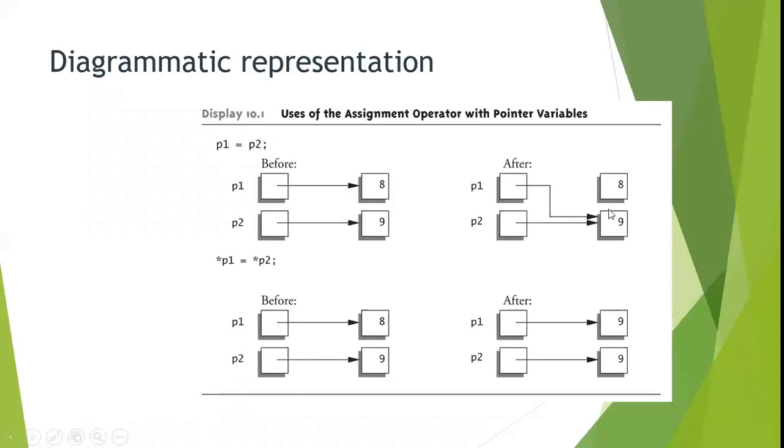P1 will also start pointing to what P2 points to. But if I write asterisk P1 is equal to asterisk P2, the value of P2 will be assigned to P1, so 9 will be saved in P1 also. Earlier it was 8, but now it is 9 because the value of P2 is assigned to P1.